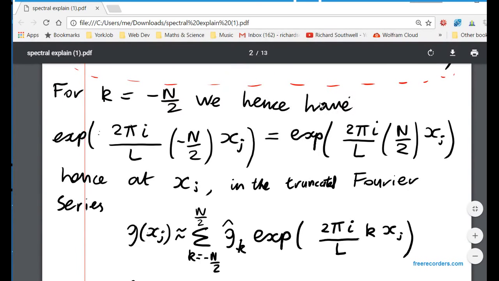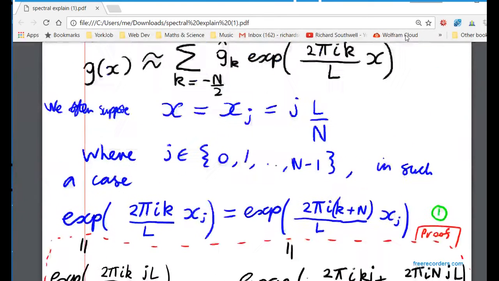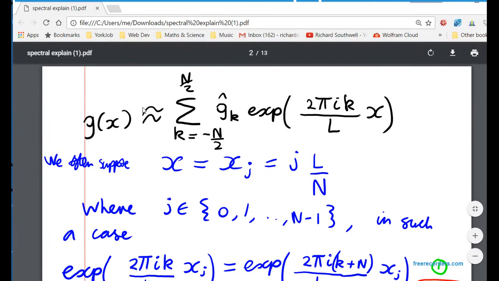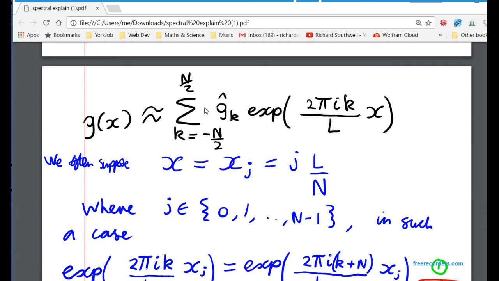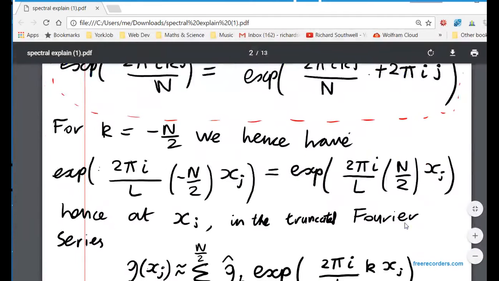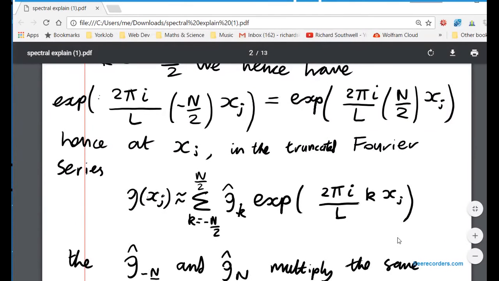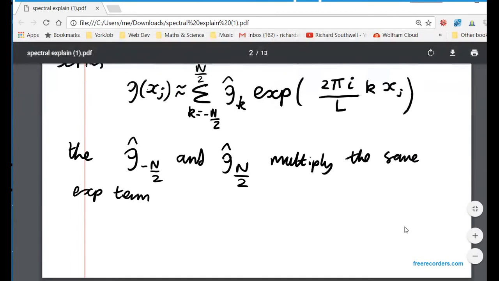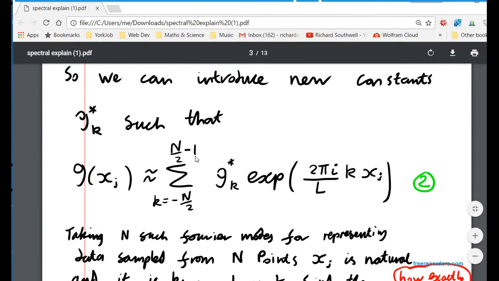So if we put k equals n over 2 into here, we'll get the same value. So if we look at this sum at the top, the exponential in the first entry is going to be the same as the exponential in the last entry. So why not just group those terms together and redefine these constants gk appropriately? We can do that, and now we have a sum of this form, so we're getting closer to what we want.